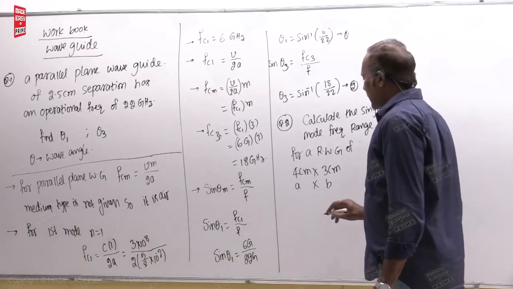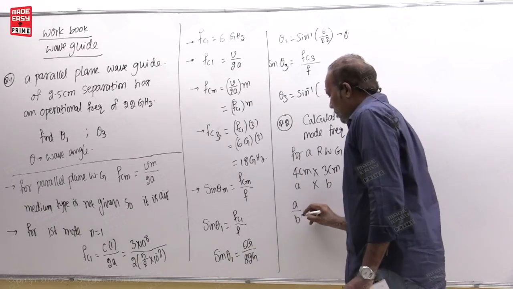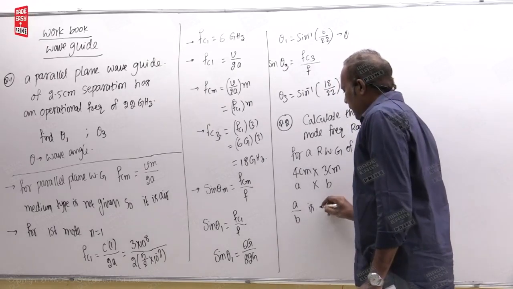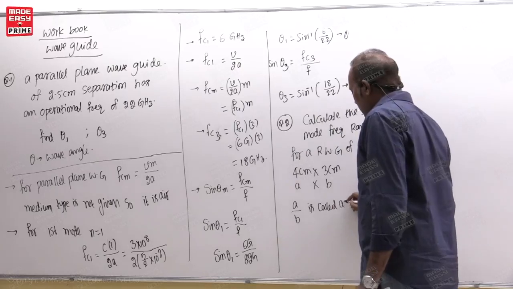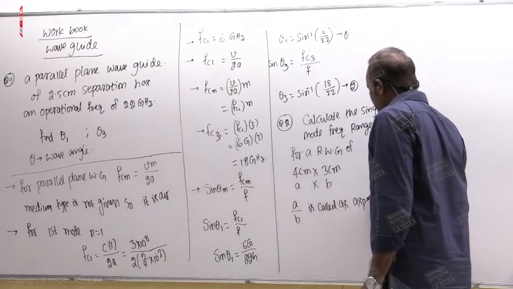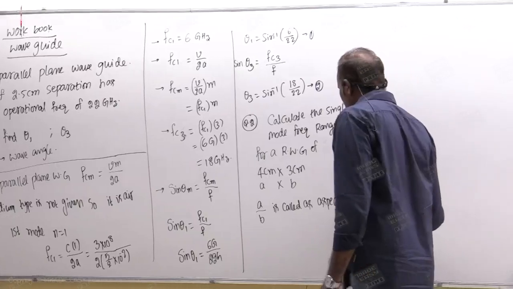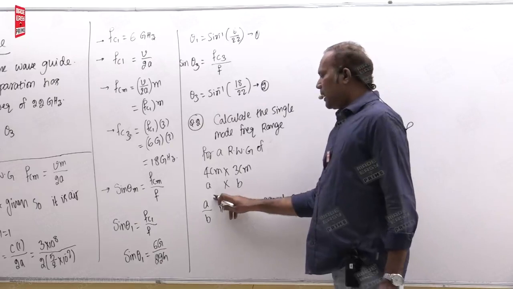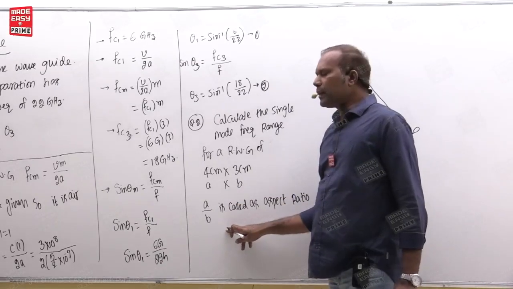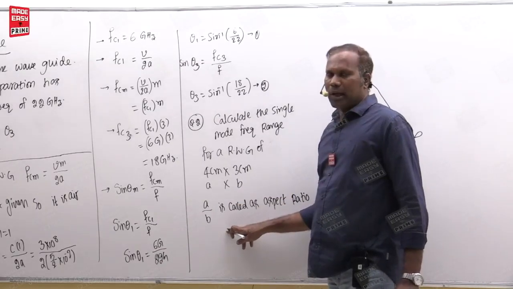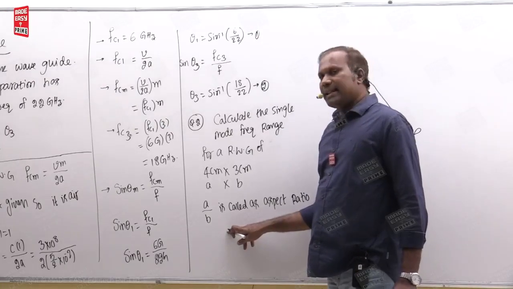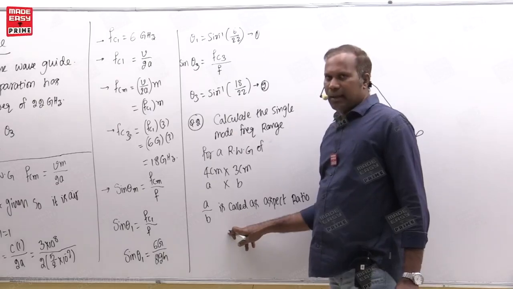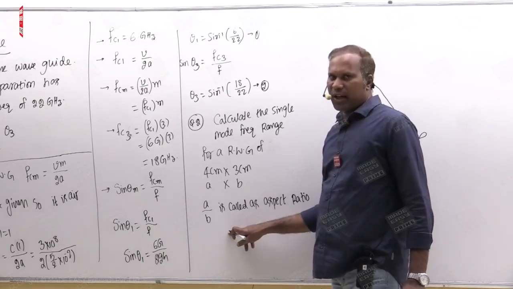Students, actually in rectangular waveguide, A by B, or otherwise A is to B, is called aspect ratio. You remember this one. Aspect means shape, students. Shape ratio. For example, A by B greater than 1, that is rectangular waveguide, so broader dimension is A. A by B less than 1, that is once again rectangular waveguide, then broader dimension is B. A by B ratio equal to 1, that is square waveguide.